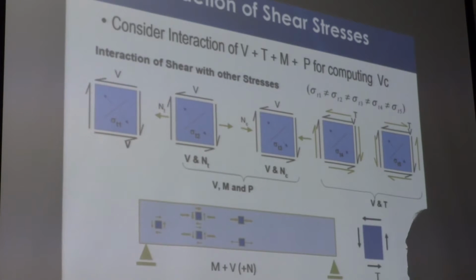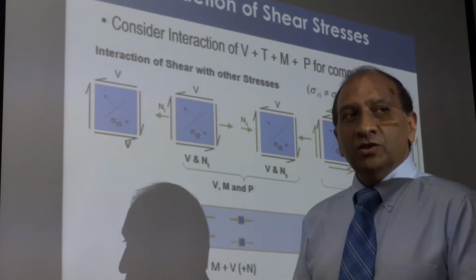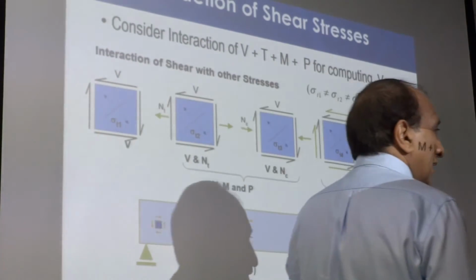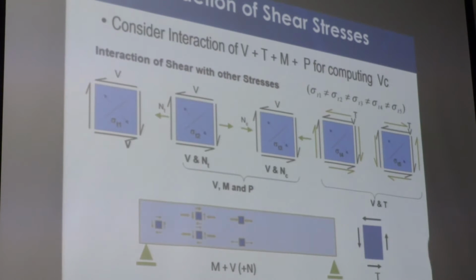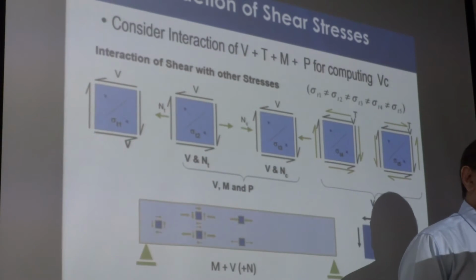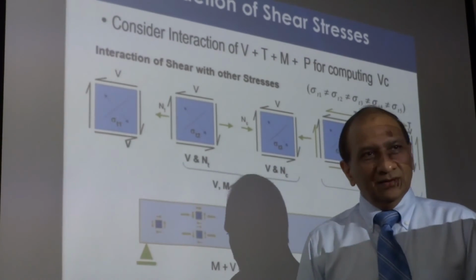And because of all of this, last edition of ACI, they have 6 or 7 equations to calculate the concrete capacity in shear. Because of all of these situations, they try to take care of each one of them, right?